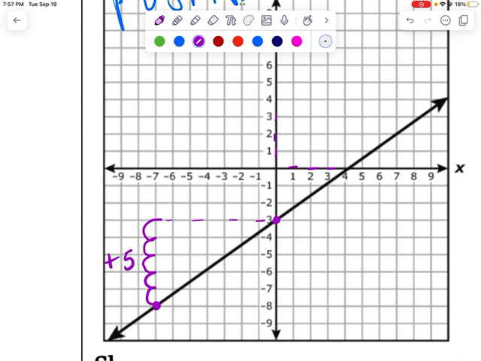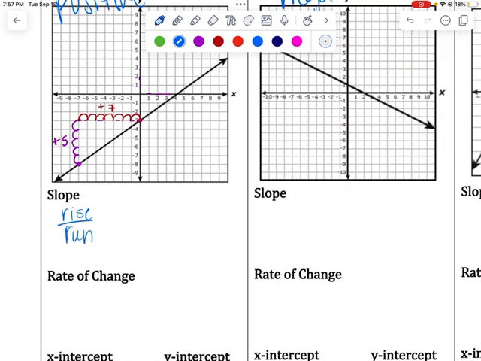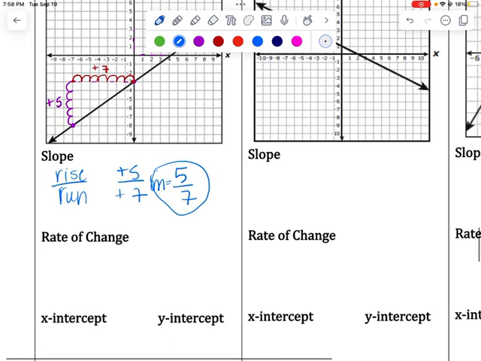And then for my run, I'm going to start here. 1, 2, 3, 4, 5, 6, 7. So this is a weird one. That's why it looks tricky. I've got up 5, to the right 7. So my slope right here, this doesn't get any smaller. We can always double check on decimals, but 5 over 7 can't get simplified.